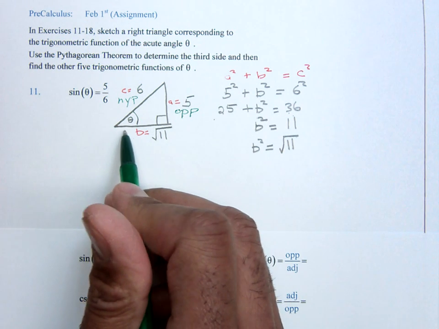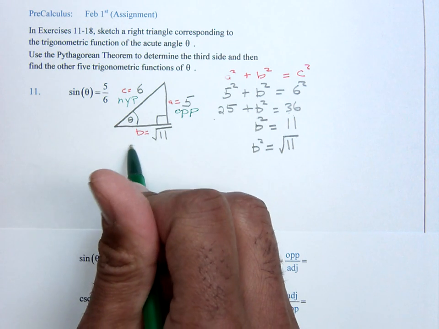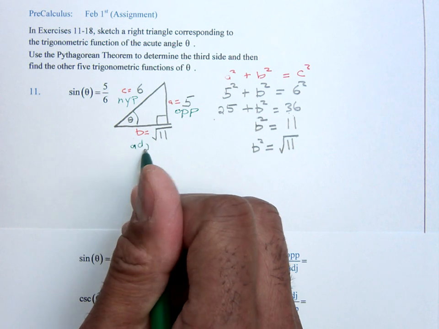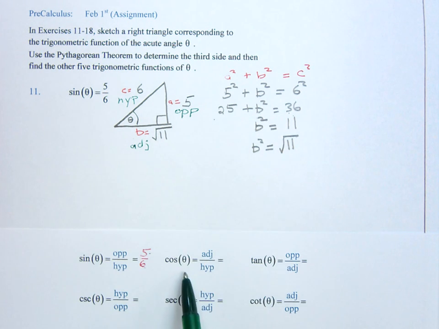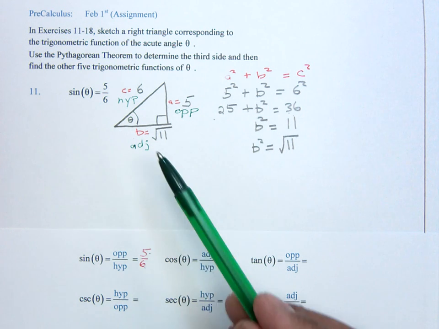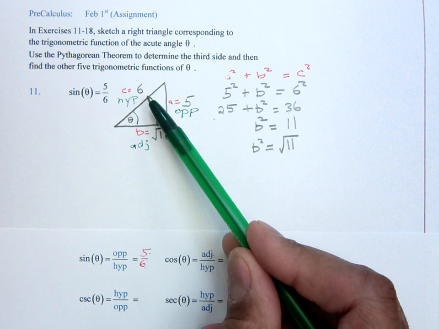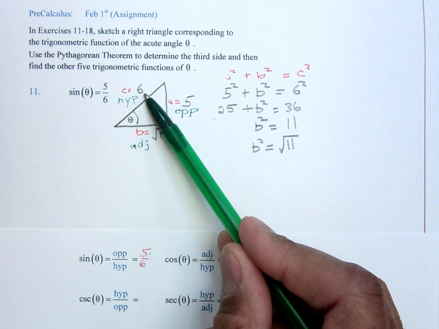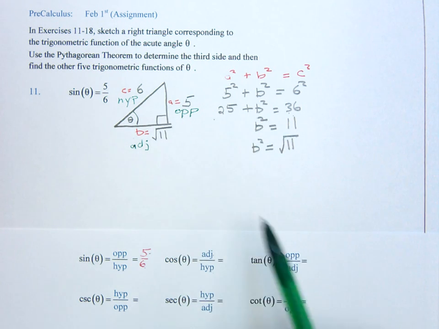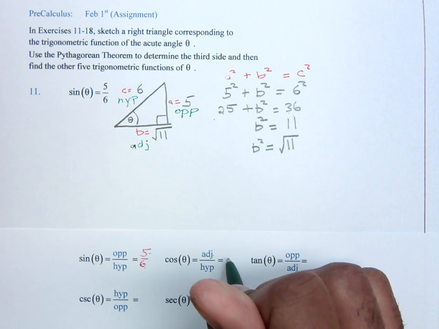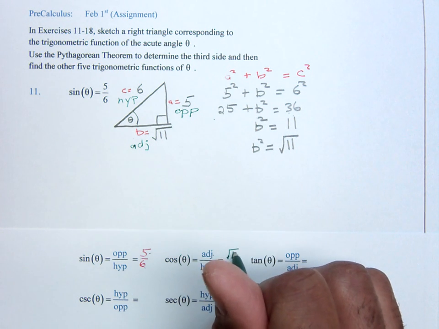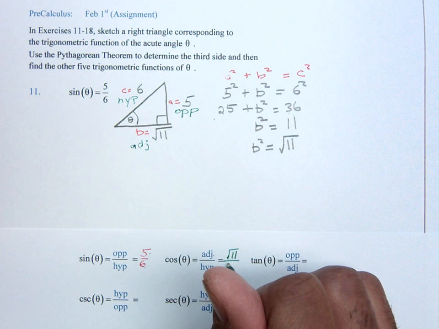So the side that is next to the angle is B, adjacent. So to find the cosine, we need the adjacent and the hypotenuse. The adjacent is radical 11, and the hypotenuse is 6. So our cosine is radical 11, or square root of 11, over 6.